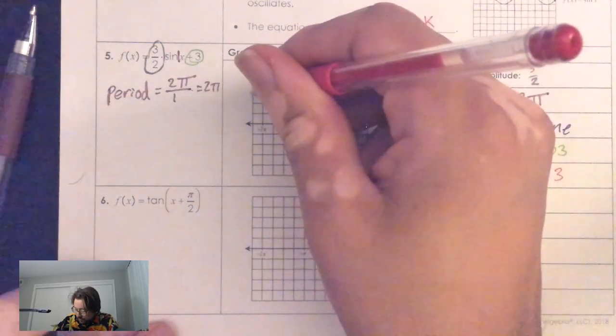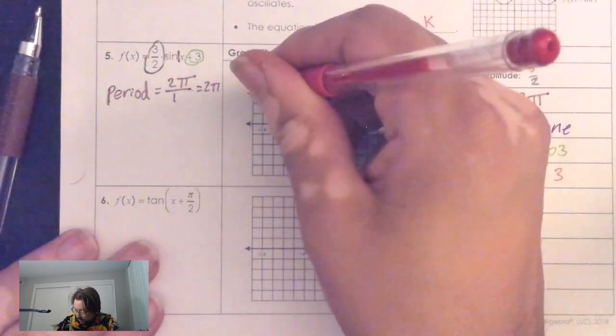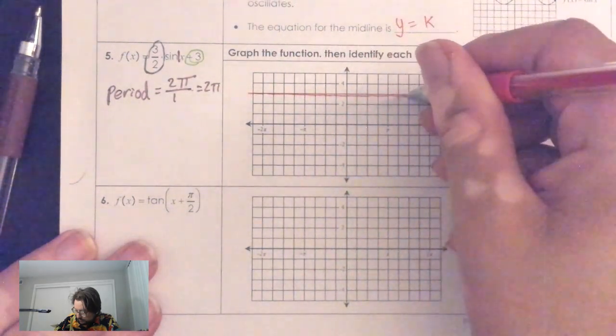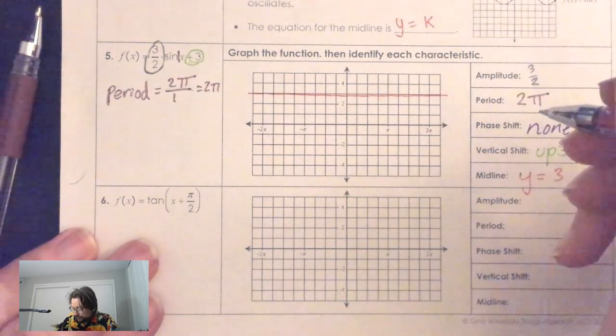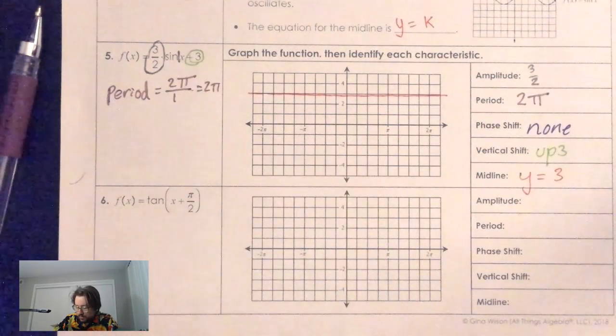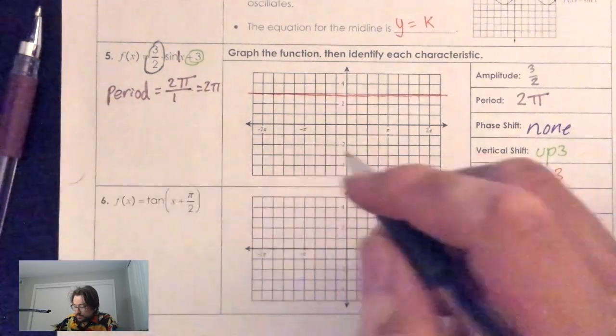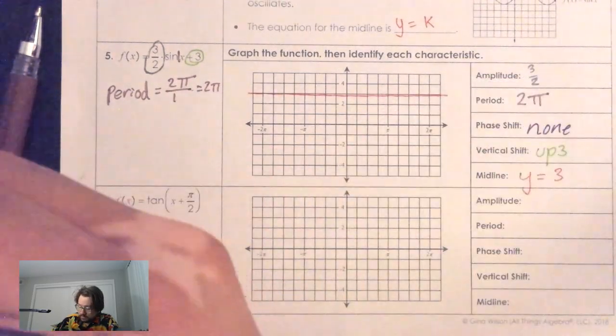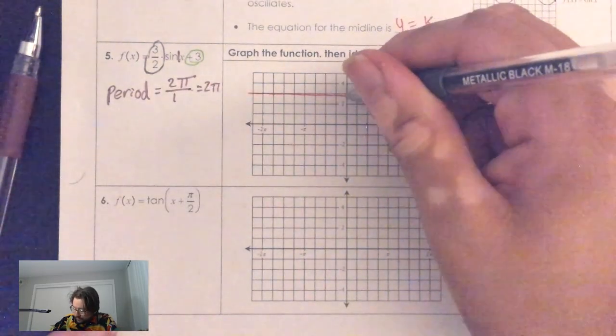So I'm going to draw some of these now. I'm going to start out by drawing my midline at y equals 3. That makes it pretty easy. And then I'm going to draw my sine function as I normally would. But instead of starting at the origin, now I'm going to start out where the midline crosses the y-axis. So I can start here.